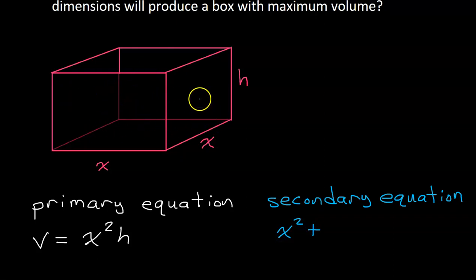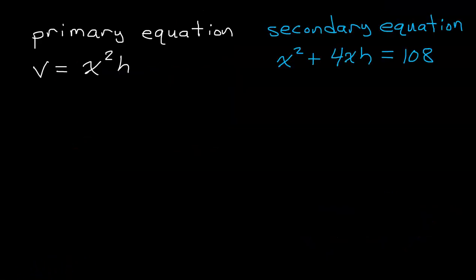Each of the panels on the side will have dimensions x times h. So there are 4 of those, so I'm going to say 4xh. This is an expression for the surface area, and we're told this will equal 108 square inches. So there's your secondary equation.